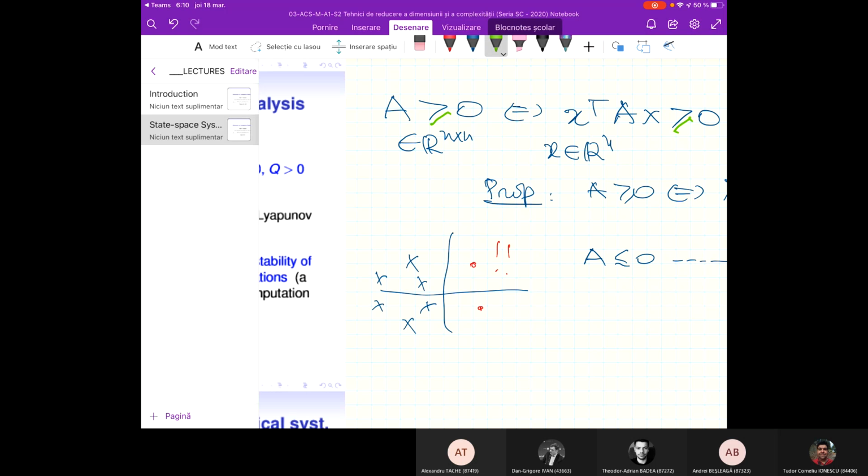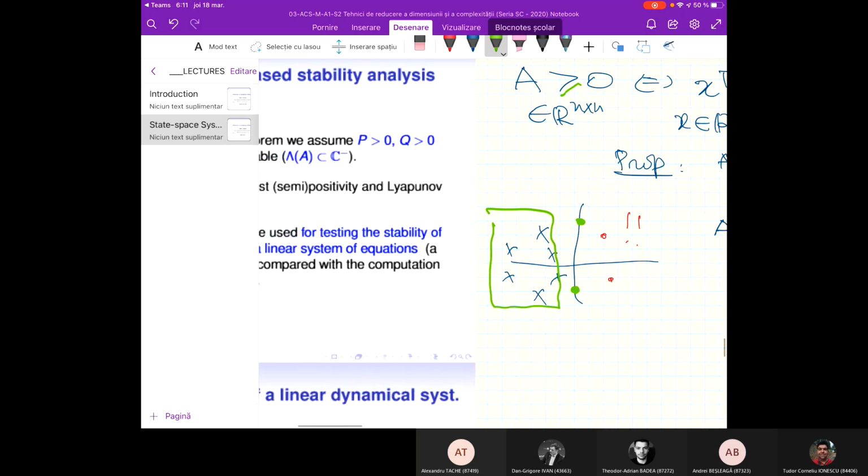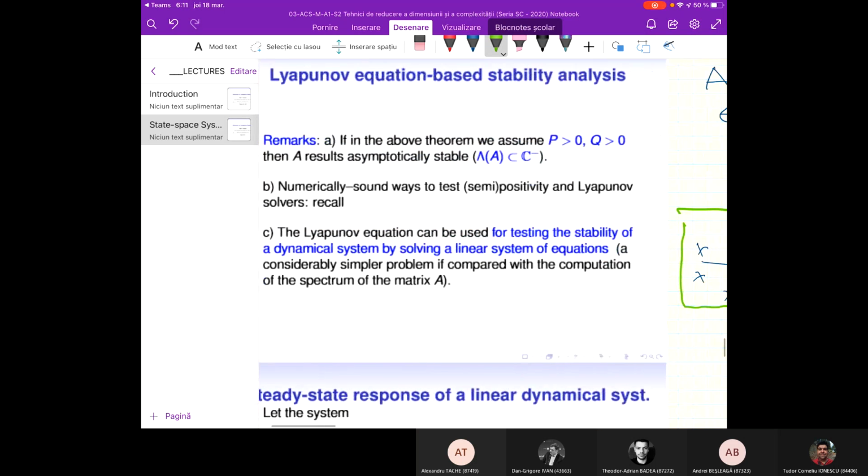Another very interesting issue is what happens if your eigenvalues are sitting on the imaginary axis. This is a crucial property because the imaginary axis means oscillations, essentially. But usually in control, we control systems to force the eigenvalues of a specific plant to sit in the open left half plane. This is the goal of control.